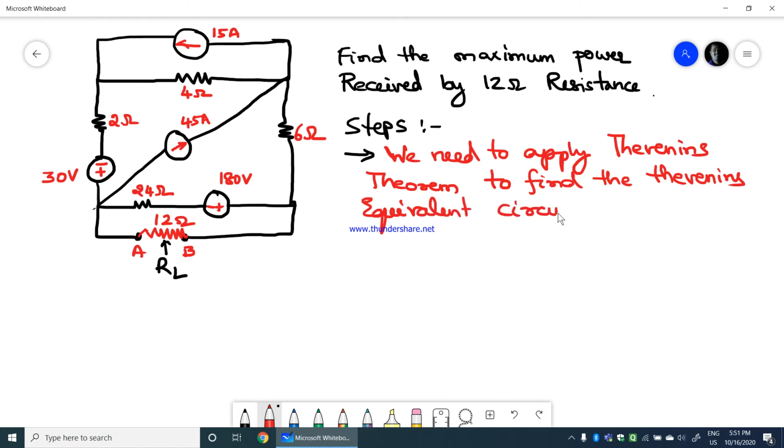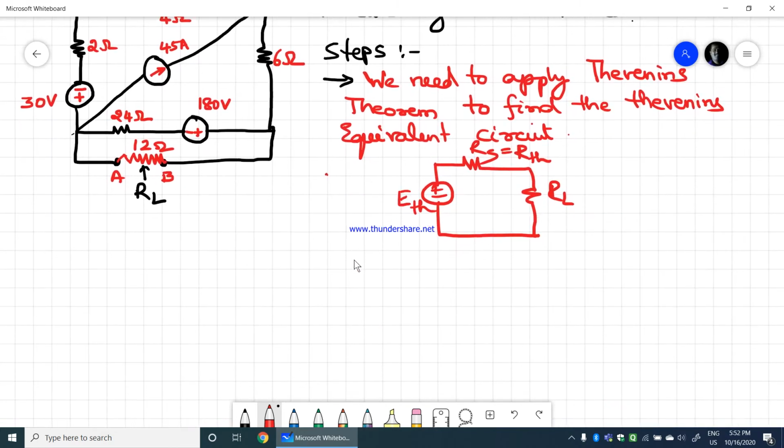Thevenin's equivalent circuit will always have one resistance connected in series with the load resistance. This is E Thevenin, and this is our source resistance, nothing but R Thevenin. So that is step 1.